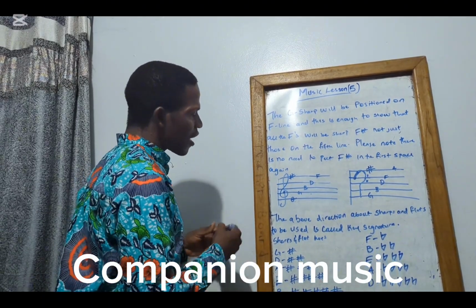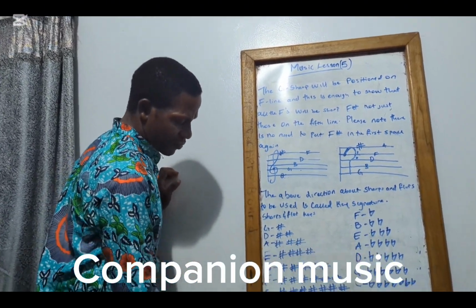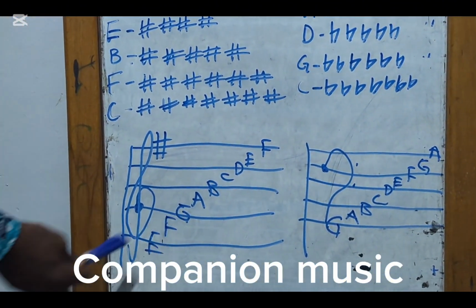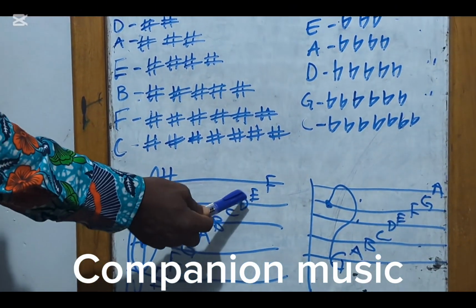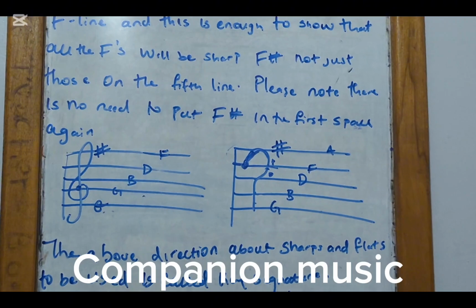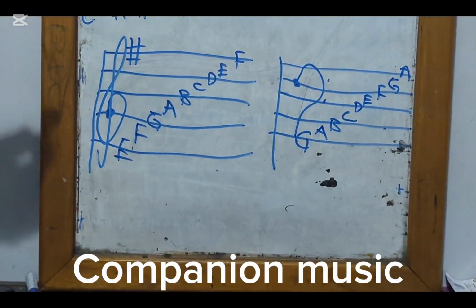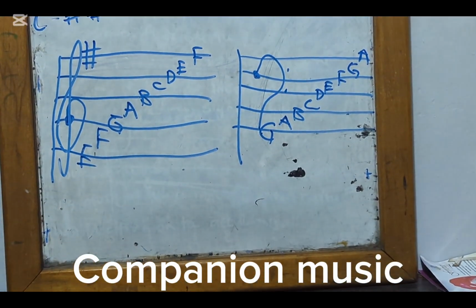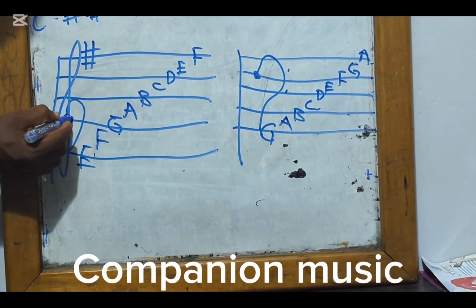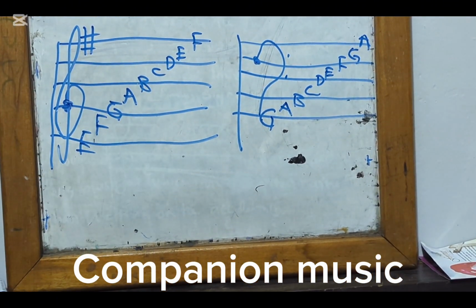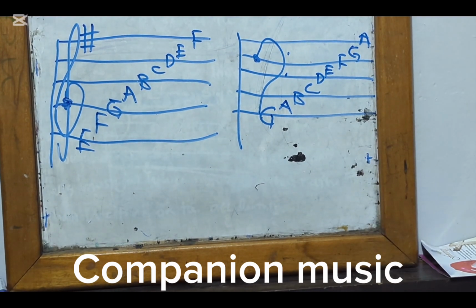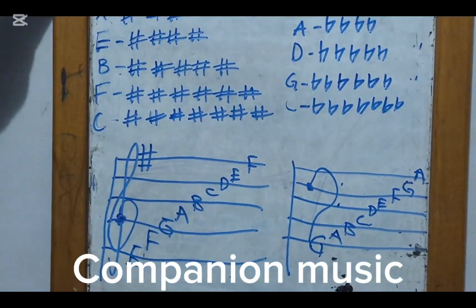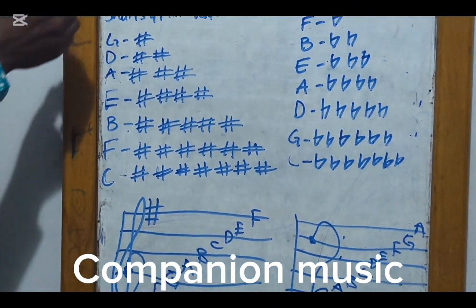If you look at the letters on the treble staff, the first line is E, the second line is G, the third line is B, the fourth line is D, while the fifth line is F. The starting point of the G clef for the treble is at the position of the second line, which is the letter G. Look at it here, second line, and the starting point is from this place, the second line as well.